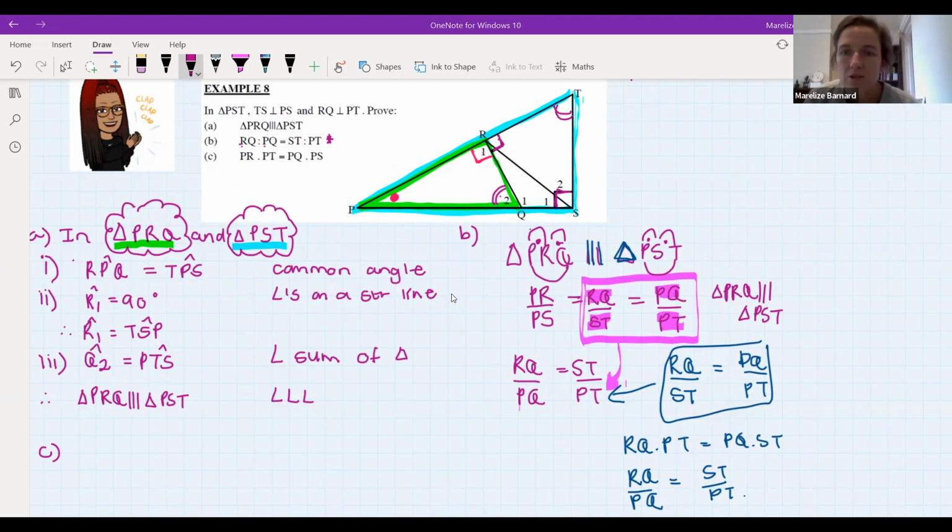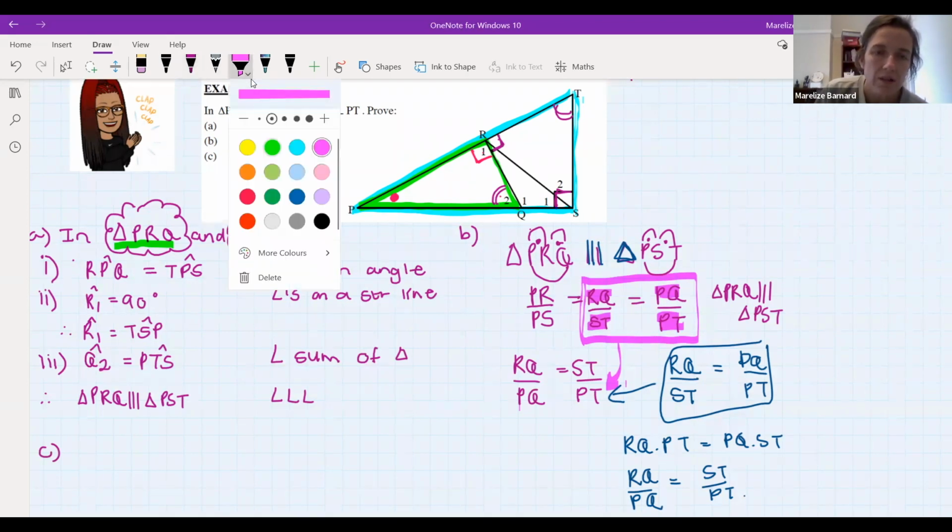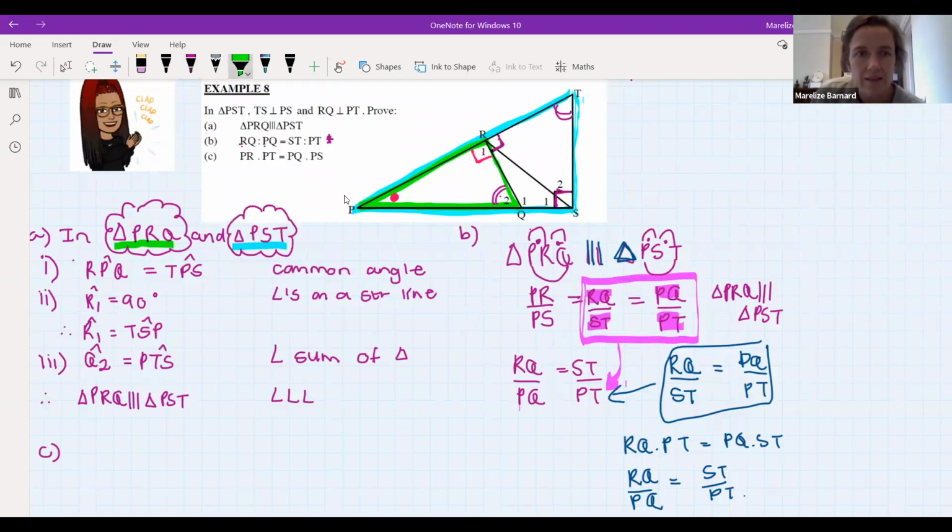So you go back to where you wrote out all your sides and you look for the combo that's got those sides in it. PR and PT, there's PR, there's PT, and PQ and PS. Okay, so we're going to work with PR over PS and PQ over PT.